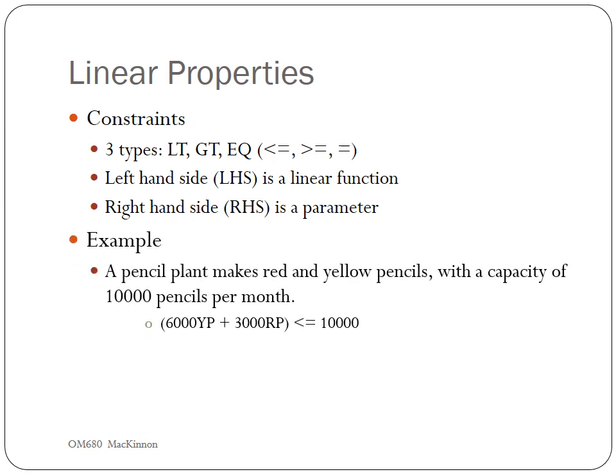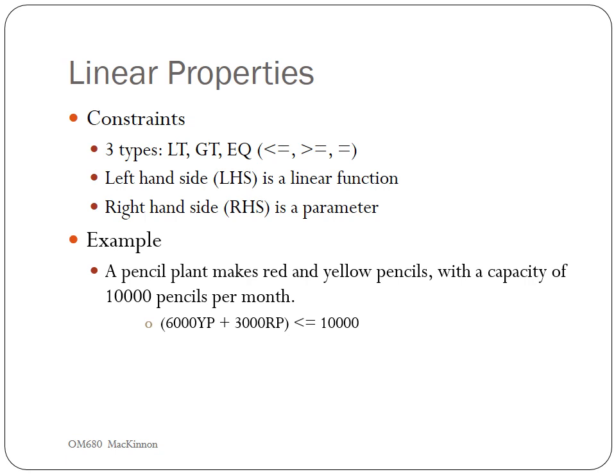So, for example, you have a pencil plant, it makes red and yellow pencils, and it has a capacity of 10,000 pencils per month. So we could make, for example, this is a feasible solution, 6,000 yellow pencils and 3,000 red pencils, because those are less than 10,000 total.